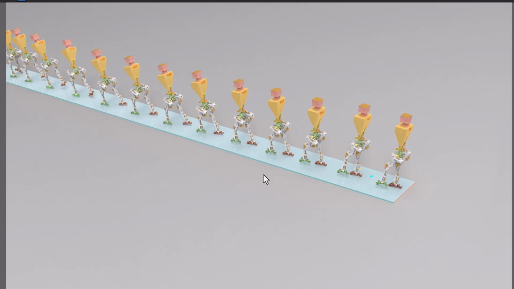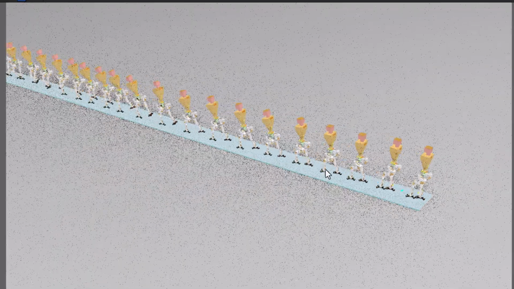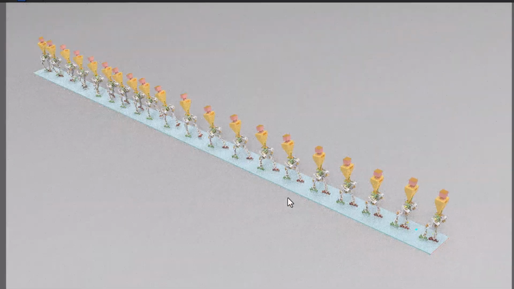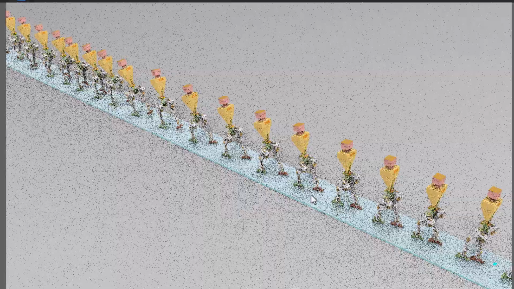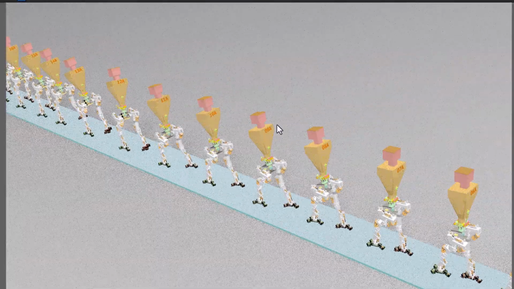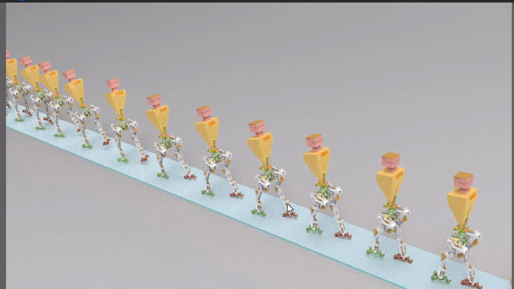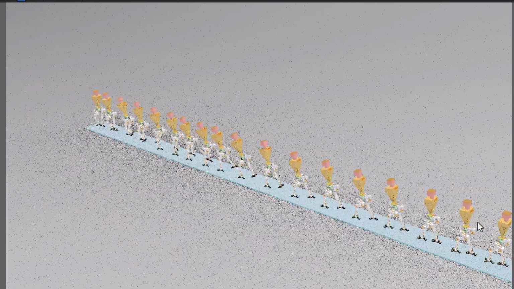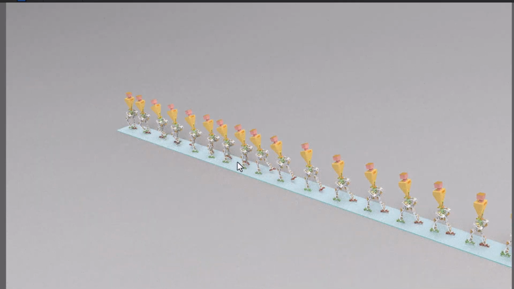I'm glad you're here. We are working on the concept of a human mimicking robot, a robot that walks like a human being. I have put together, this is a rendering in KeyShot, a series of stances that go through one cycle of walking with the right foot on the ground and the left foot free, and then the left foot is on the ground and the right foot is free.